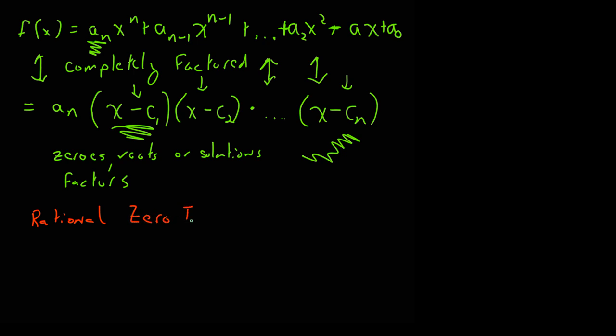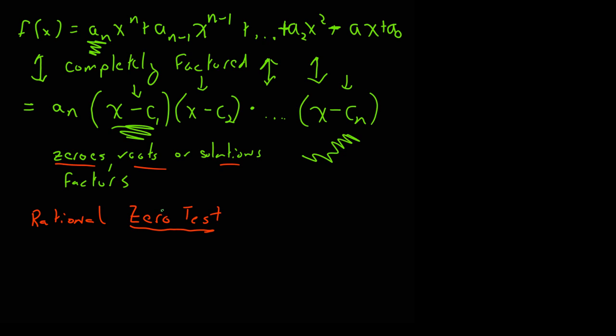Now, you're going to hear me use multiple words here: roots, zeros, or solutions. This book tends to call them zeros, and they're the place where the function f of x equals 0. It means it's the place where it crosses the x-axis. And this is where we can find solutions.